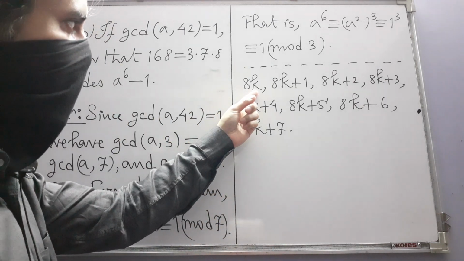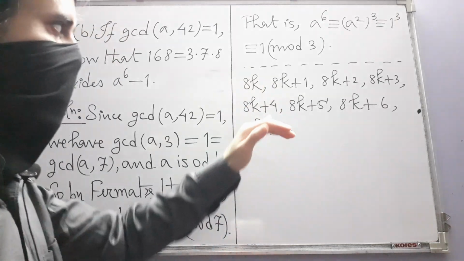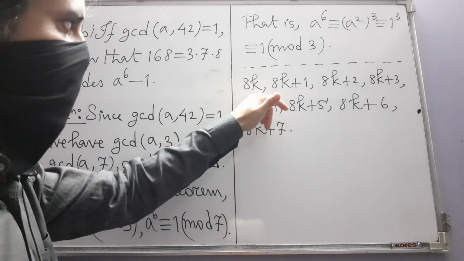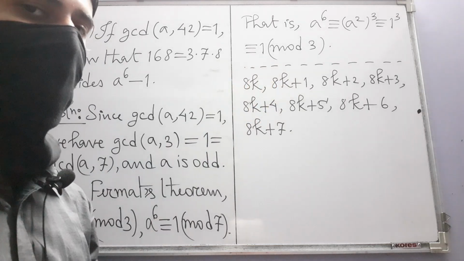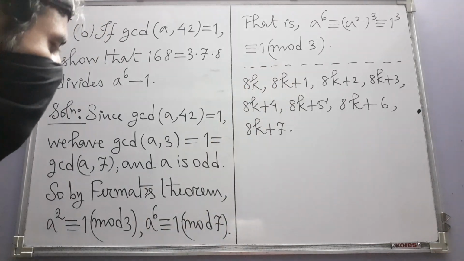Here, for example, the remainder left is 0, or in other words, all the numbers that are divisible by 8 look like this. Those that leave remainder 1 look like this, and so on.